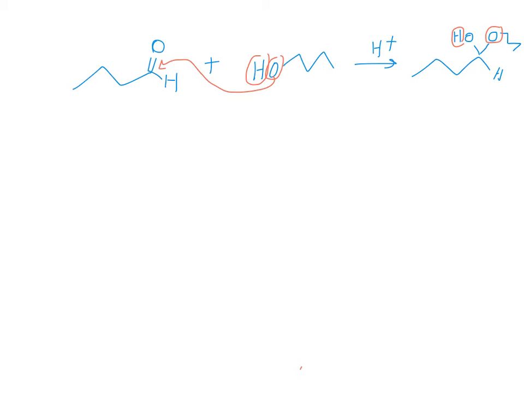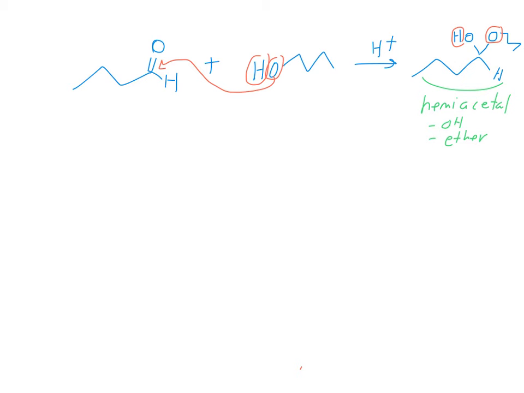Anybody remember what this kind of functional group is called? The hemiacetal. So how do we recognize a hemiacetal? It has an OH, and what else? An ether. It has an alcohol and an ether.